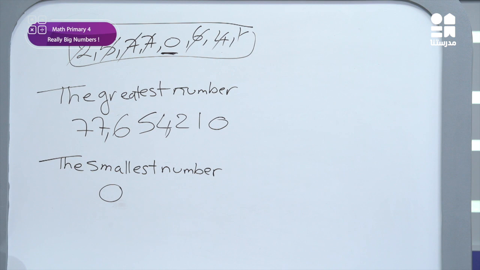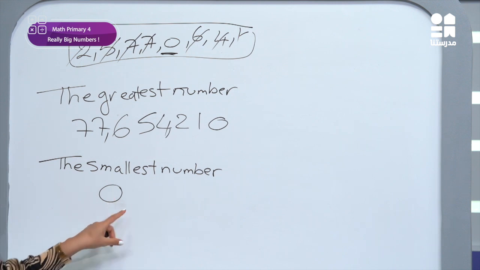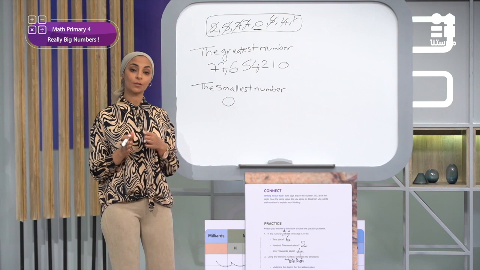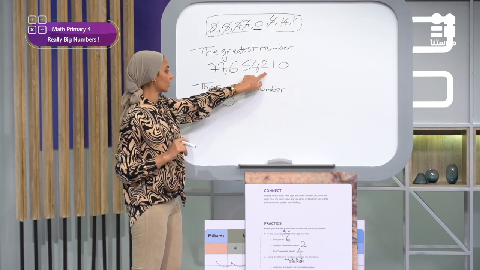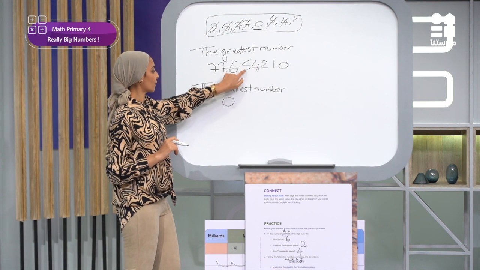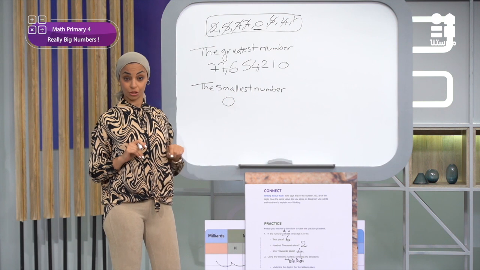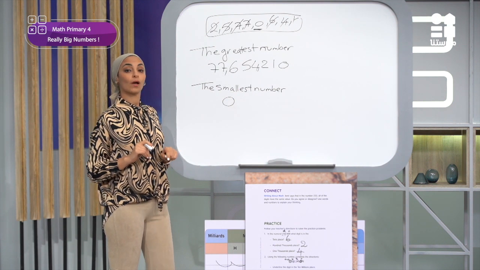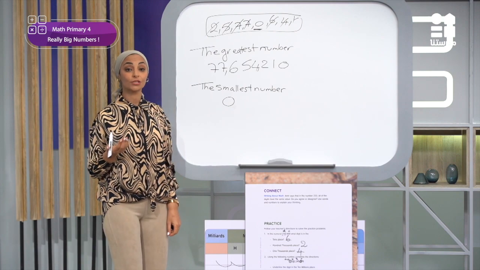But I want to ask you a question. Can I start any number with 0? No. If I start the number with 0, 0 has no value. Okay? The zero has no value when I start a number with it. So if I start with 0, I will use 7 digits only from the 8 digits. Okay? So can I start any number with 0? Of course no. So I will start with what?